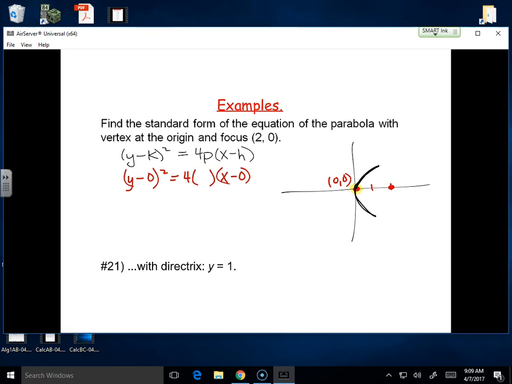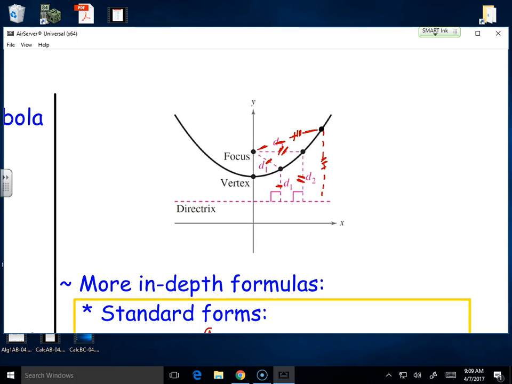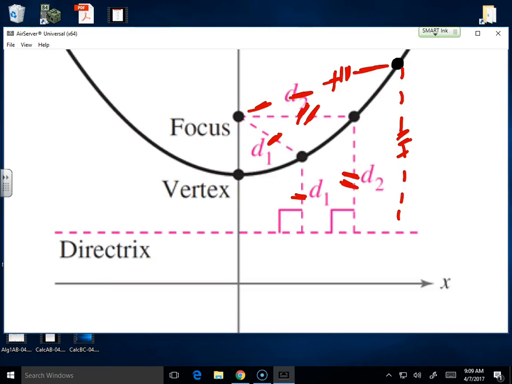What is the P? We didn't label it in our picture. Guys, go back real quick, in our picture from yesterday. P denotes the distance to the focus.